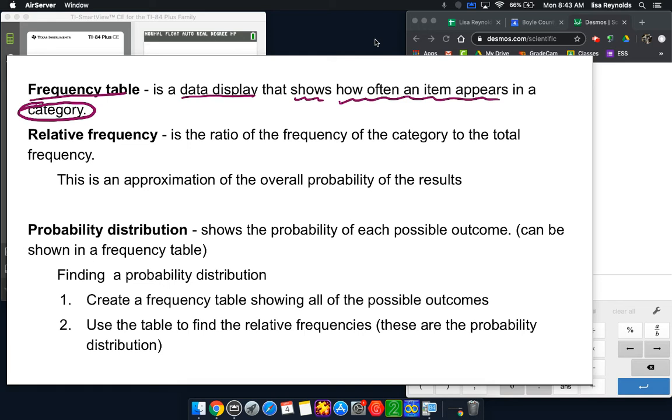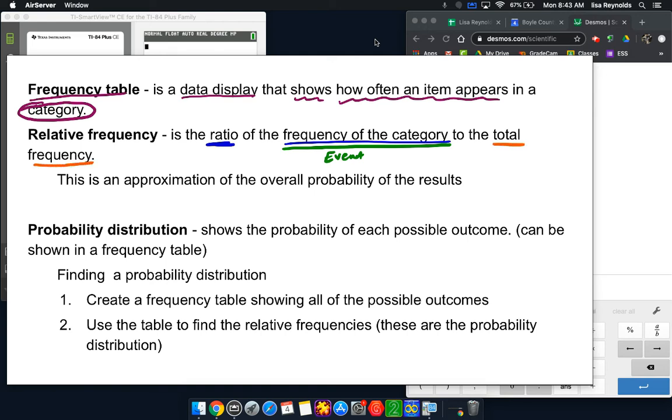We're also going to work with calculating relative frequencies. This is a ratio of the frequency of the category to the total. So it's our frequency of the category. This frequency of our category is our event, and it's going to go over our total frequency.